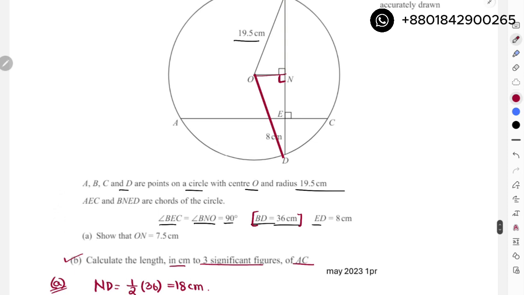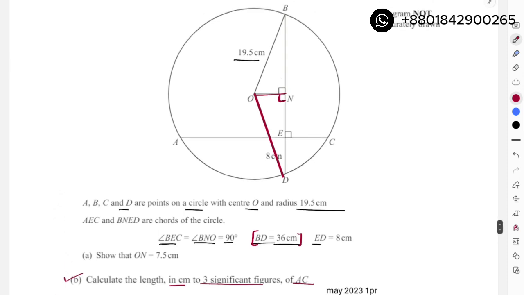For AC again, I can calculate that. 1 minute. If this is given AC, I can use similarity to find out this EC, but with EC also I don't have anything to do.